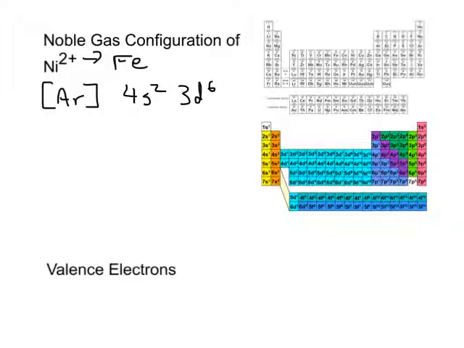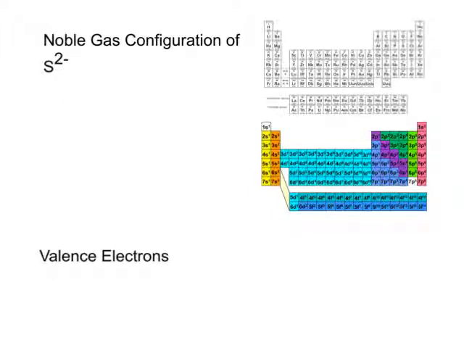So again, the only difference on that, had we been asked to do just plain neutral nickel, we would have ended at 3d8, but instead this nickel has lost 2 electrons, so instead of ending at d8, we've ended at d6. So the only extra step that you have to do is to consider this as if you're writing it for a different element that's shown. My valence electrons, just as before, the highest shell, it's the 4th shell, 2 in it, 2 valence electrons.